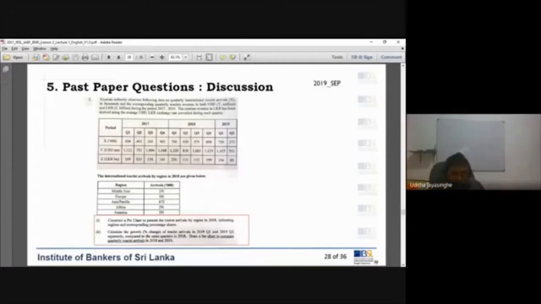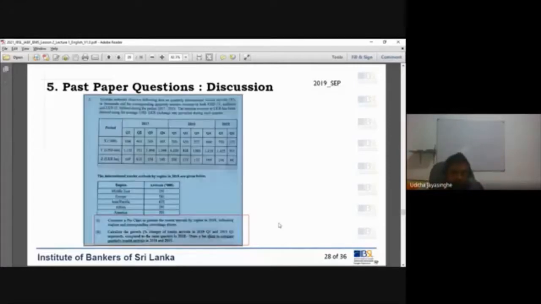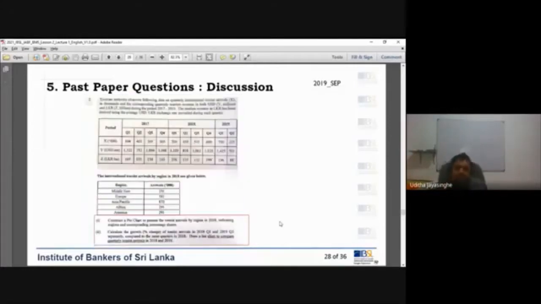Look at the second part. Calculate the growth percentage change of tourist arrivals in 2019 Q1 and 2019 Q2 separately compared to the same quarters in 2018. That means 2019 Q1 and 2019 Q2.